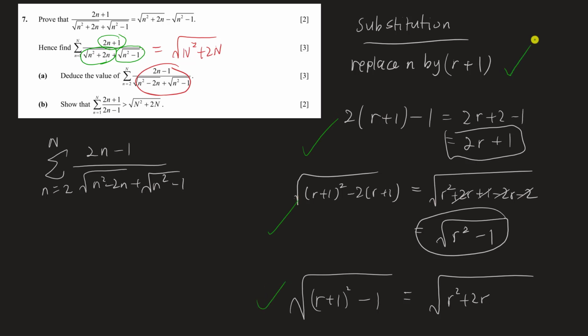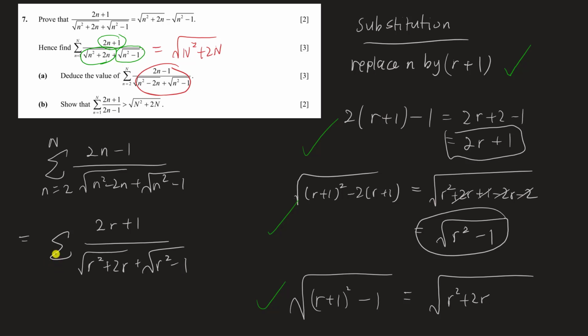So we can go ahead and substitute n by r plus 1 into our new expression here. This will land us with this. I'm not going to write the boundaries first. The content will give us 2r plus 1 over root r squared plus 2r plus r squared minus 1. Everything the same as our green expression.